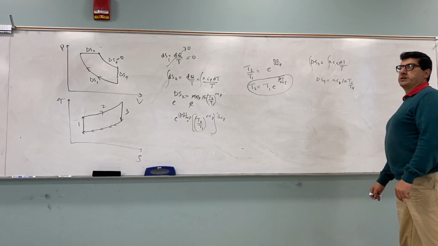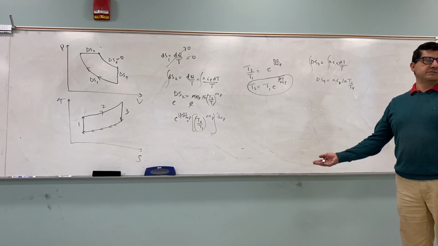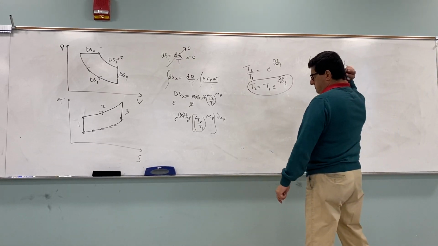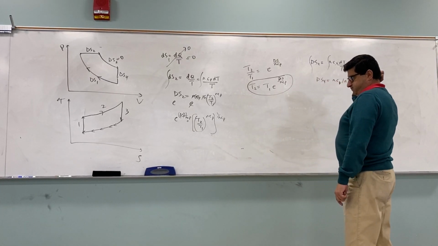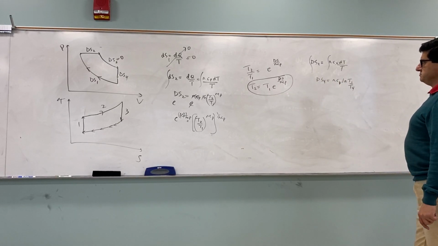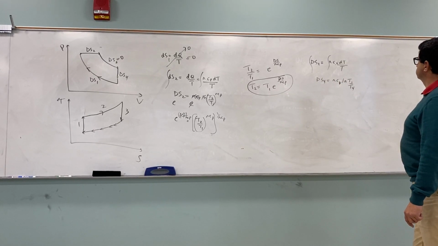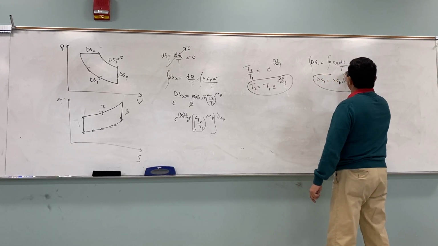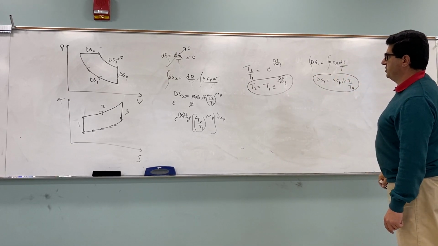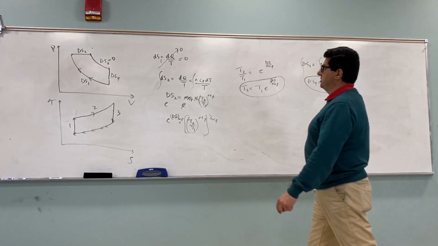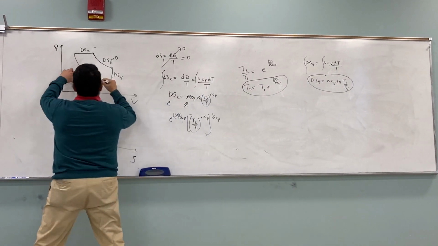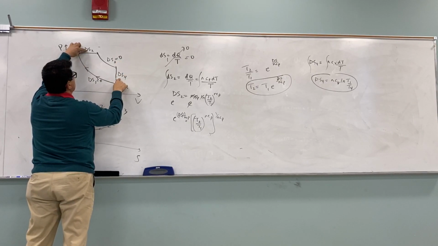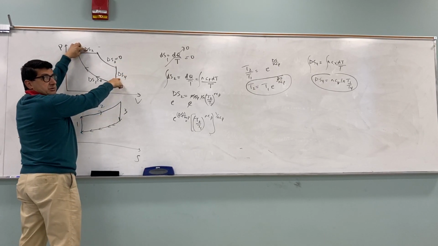Now, if I add up all the entropy changes, what should happen? 0, right? So what are the entropy changes here? Well, for these two there's no entropy change. Delta S1 is 0, delta S3 is 0. So these two should cancel each other.